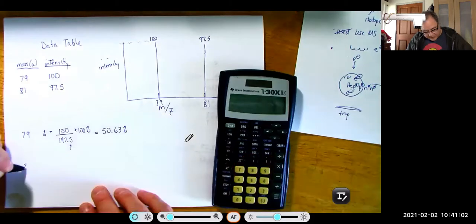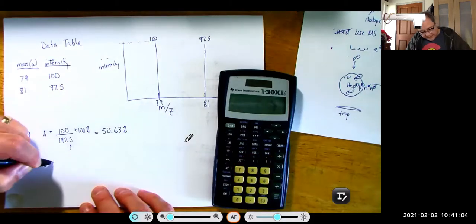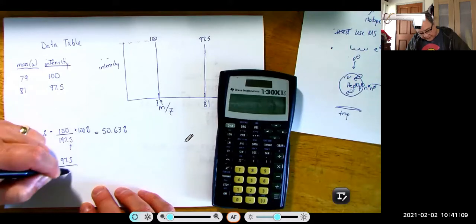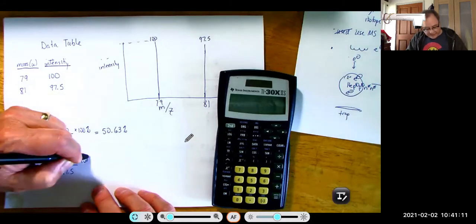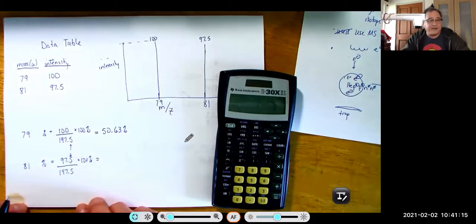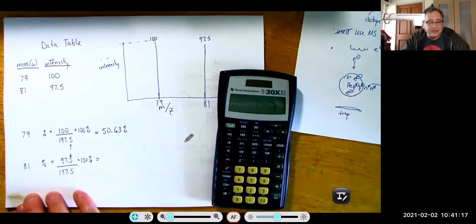And for the 81, we have 97.5 over 197.5 times 100%. And here we only get 3 significant figures. So what's your answer there? When you get it, just give me a thumbs up.